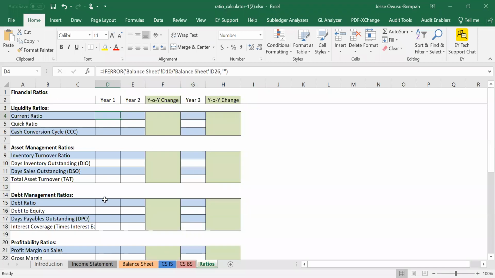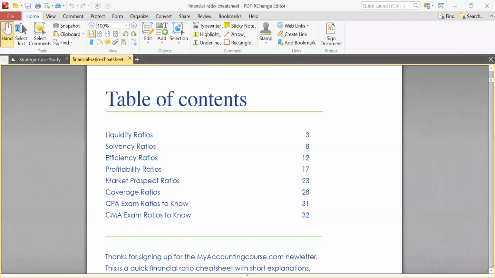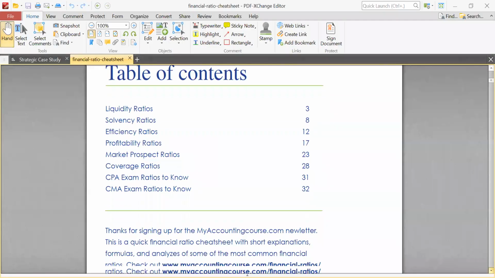I'll send you this as well. I know you're not going to really use this in the exam, but it can help you as a tool to understand the ratios and how they work. My goal here is not just to give you formulas. My goal is to understand what the ratios mean and their implications. With that said, let's start real quick.